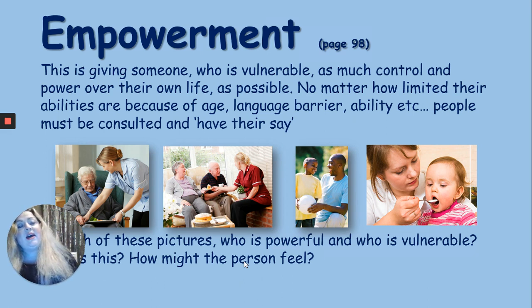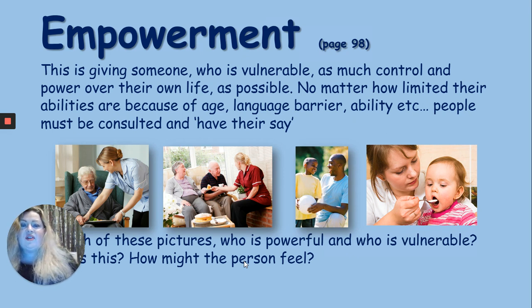And contrast that against someone who you think might be vulnerable. Those 2 words are pretty much flip side opposites to one another, aren't they? If somebody is powerful, they're in control and able to make their own decisions. The flip side is that people are having those decisions and choices made for them. So study those images. They're quite different images, aren't they?